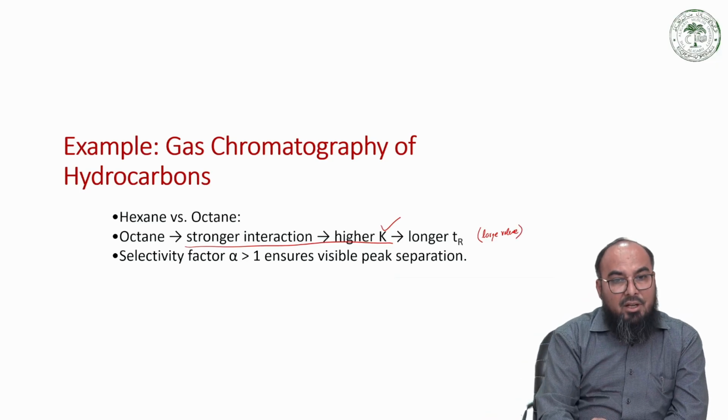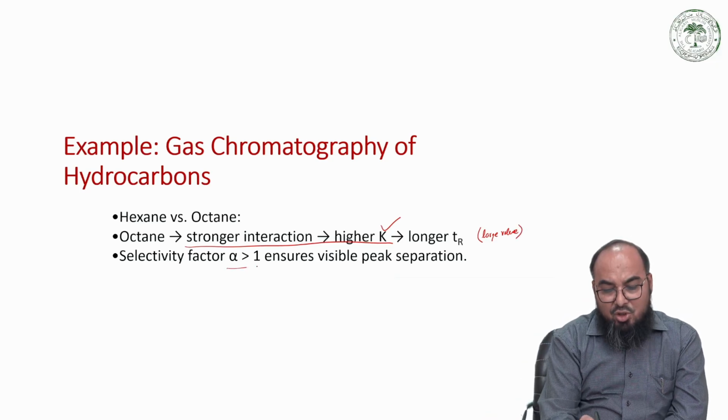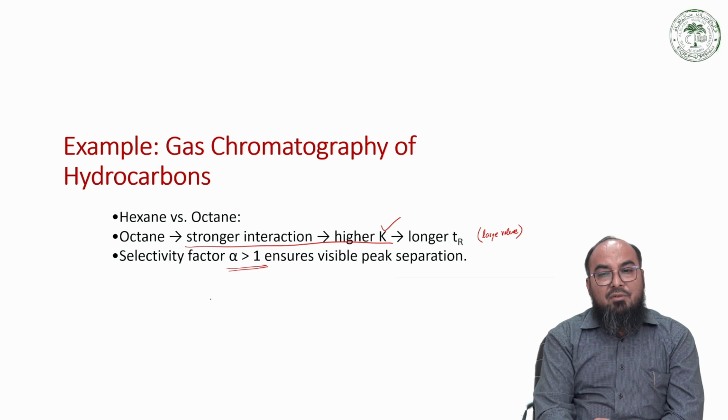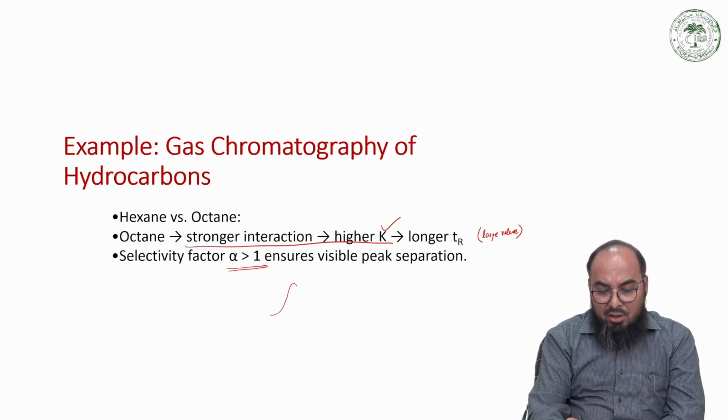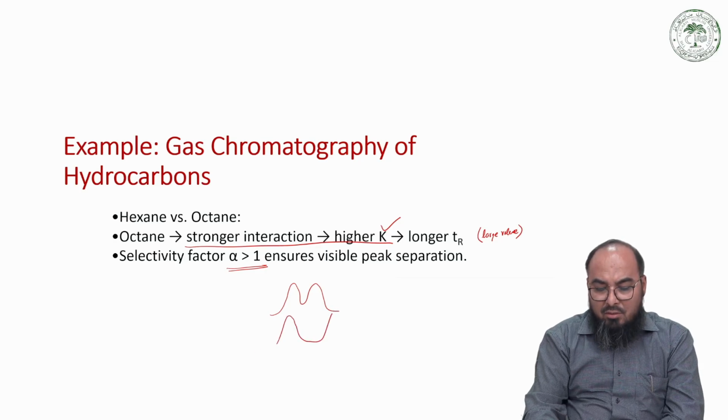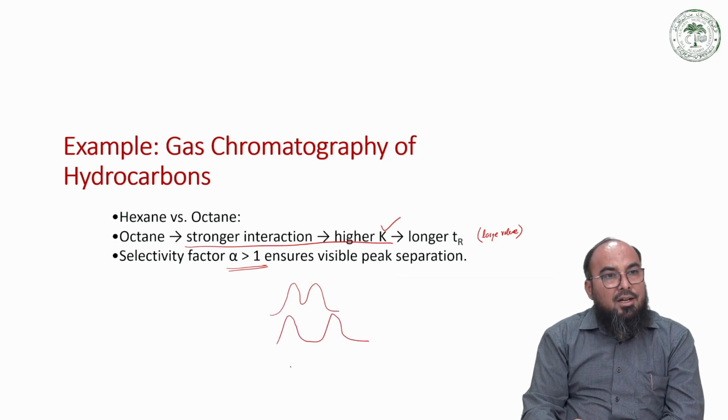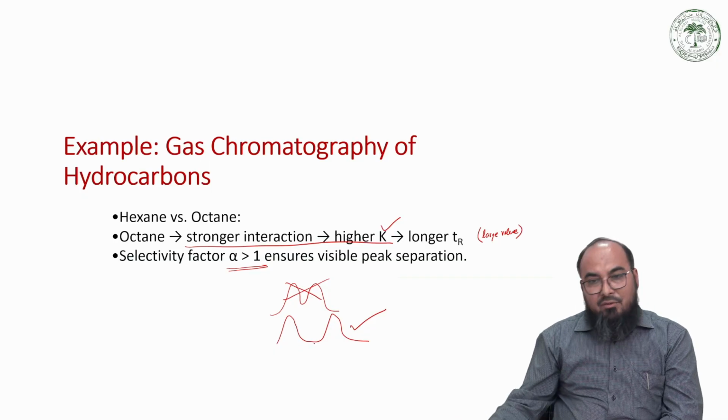Similarly, selectivity should always be greater than 1, so that we can have visible peak separation. That is, the peaks should not overlap like this. They should be clearly resolved and should not superimpose on each other. That would not be good. This can be achieved if alpha, the selectivity factor, is greater than 1.